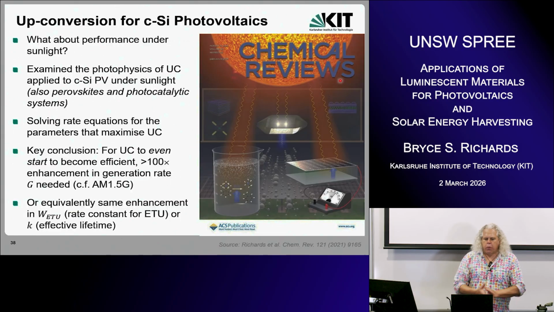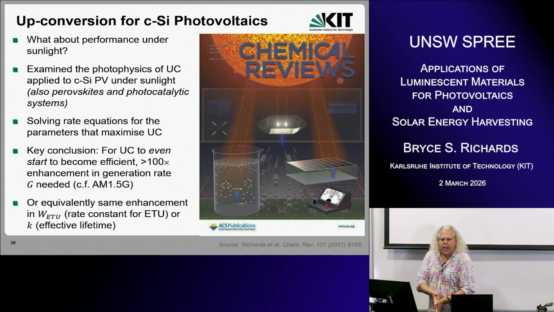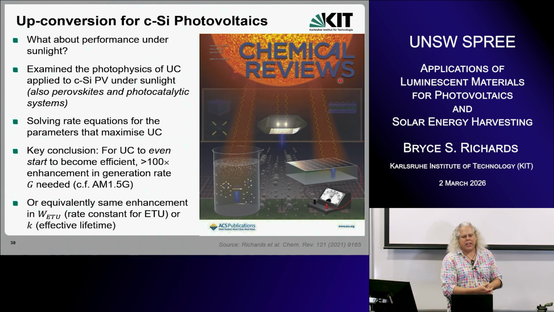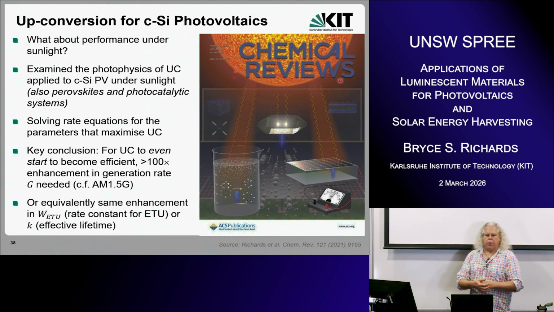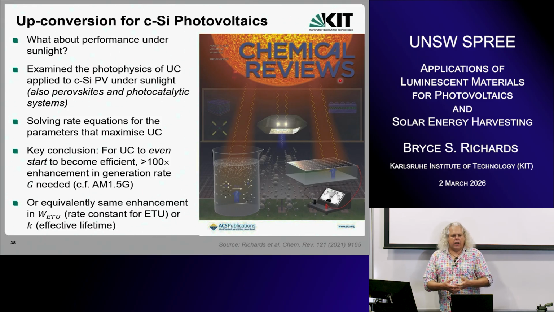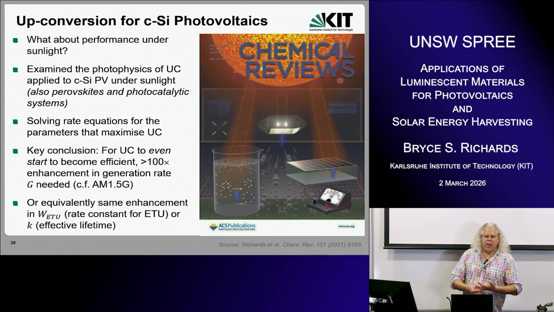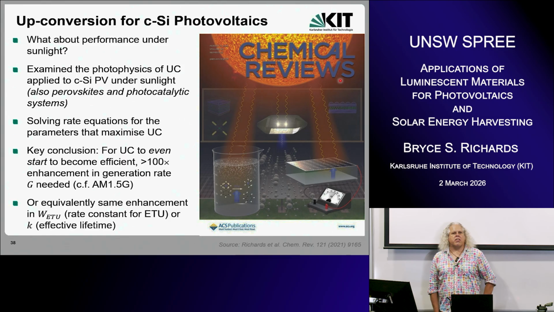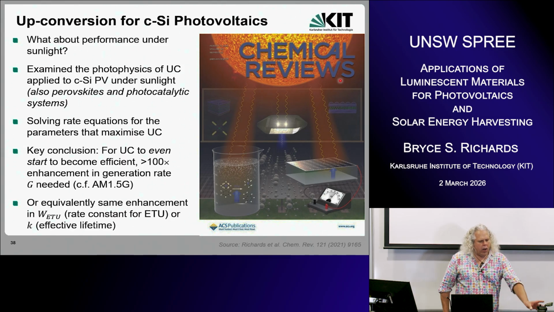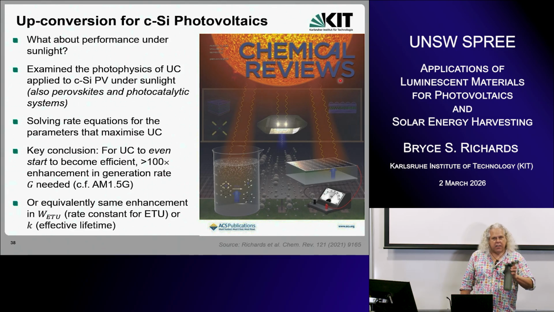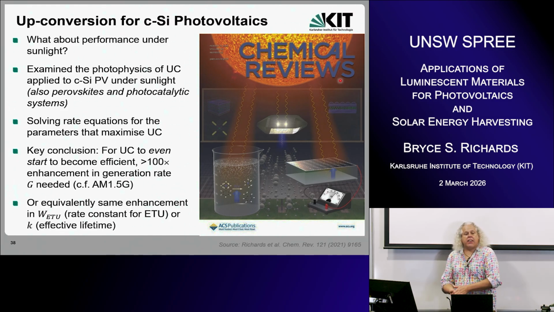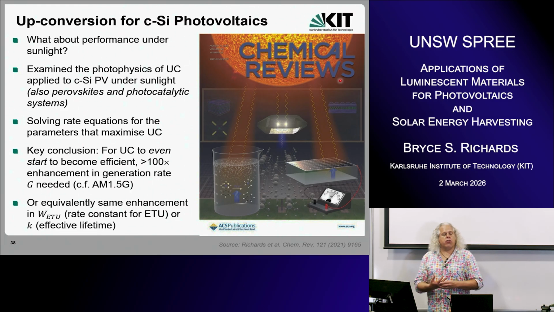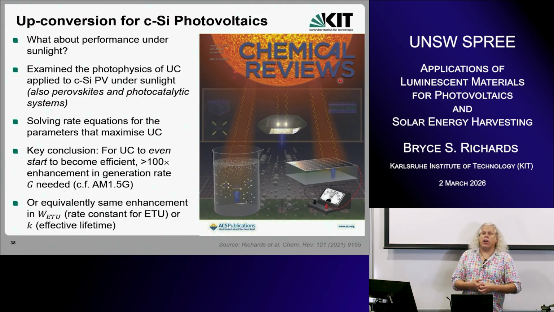Then, more recently, about 5 years ago, we started to say, well, look, what are the efficiency limits here? Is there any hope? So we put quite a lot of work into a Chemical Reviews article where we examined the photophysics of upconversion applied to crystalline silicon PV under sunlight. And then we also extended that to look briefly at the potential for perovskites, other technologies, as well as photocatalytic systems.